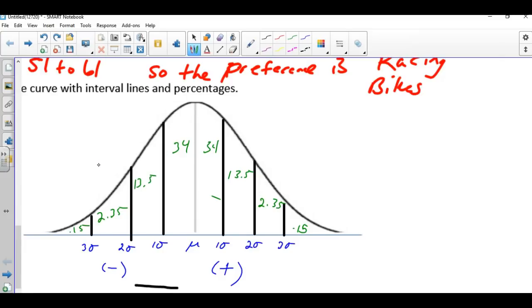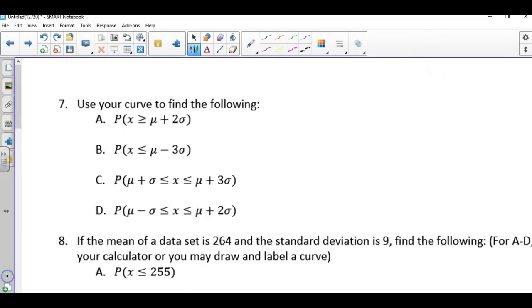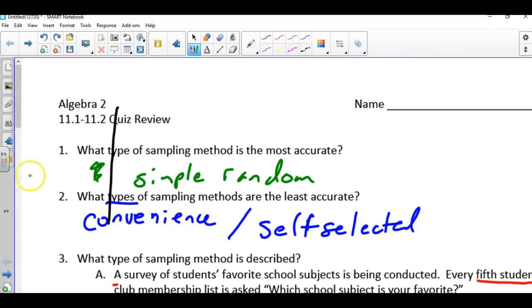So if we look at the first question on the back, the first question says, what's the probability that X is greater? This is the greater than sign. X is larger than mu plus 2 standard deviations. All right, so here's what you got to do. You got to go back to your table here.